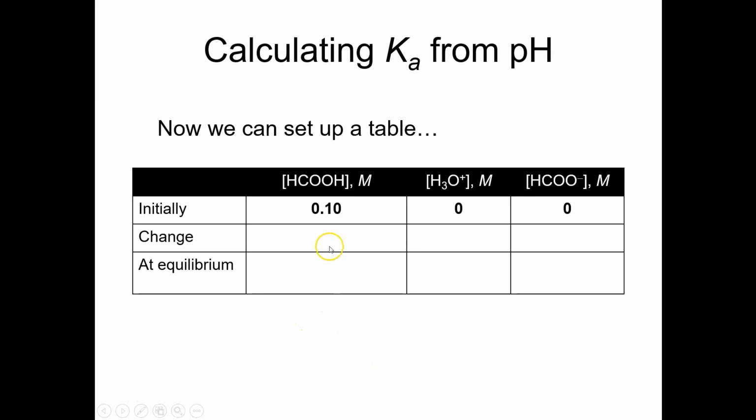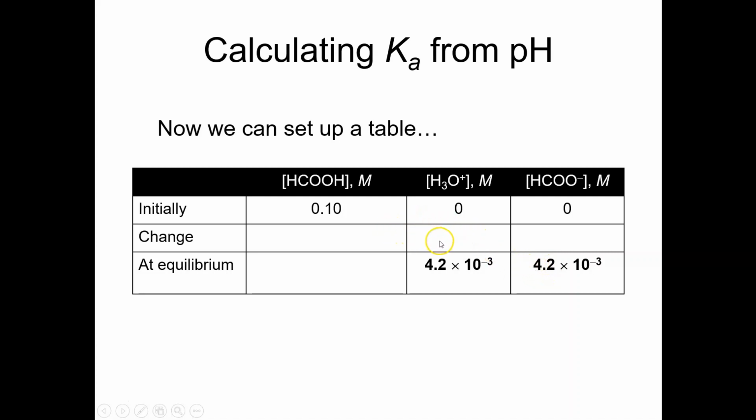We had the initial concentration of formic acid was given as 0.1. Before any ionization has occurred and equilibrium has been reached, the hydronium and the formate concentrations are 0. We know now from measuring the pH that the concentration of both hydronium and formate at equilibrium is 4.2 times 10 to the minus 3.